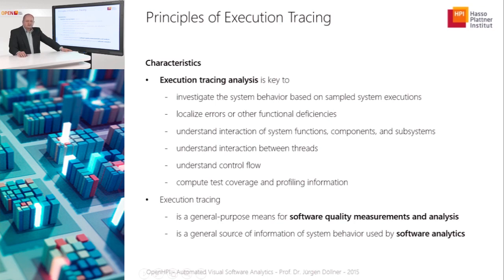In that sense, execution tracing is a general purpose means for software quality measurements and analysis, because it reveals a lot of key information about the actual system behavior. And for that reason, it is also a general source of information that is used by software analytics.